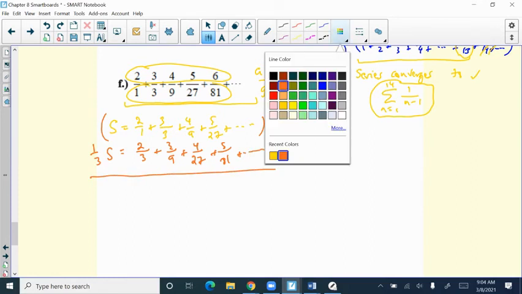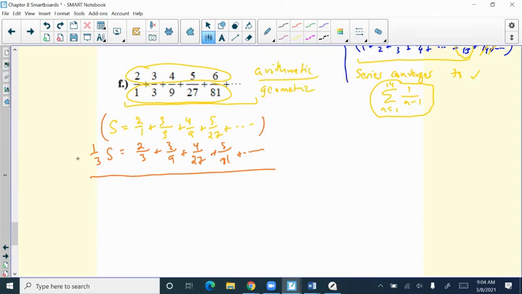And then you subtract. So when I subtract, S minus 1/3 S, we'll think of there being a 1 sitting in front. So 1 minus 1/3 is 2/3. And then we subtract in a fashion that the denominator's already been solved for us, so to speak. So right here, 3/3 minus 2/3 is 1/3.